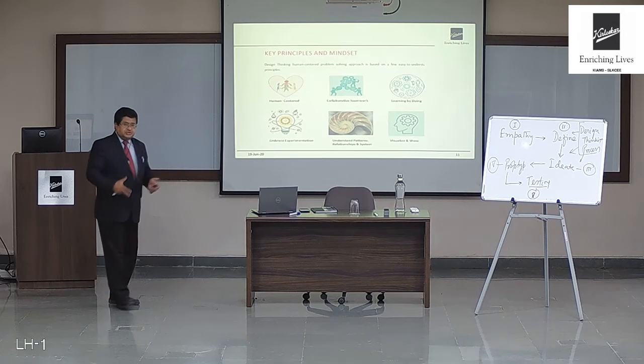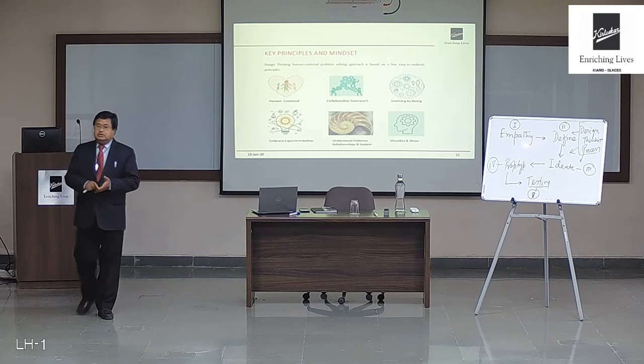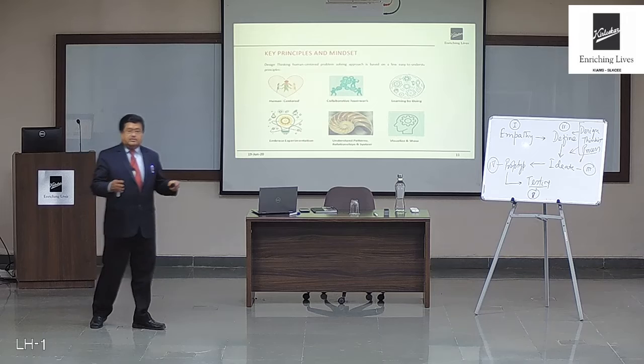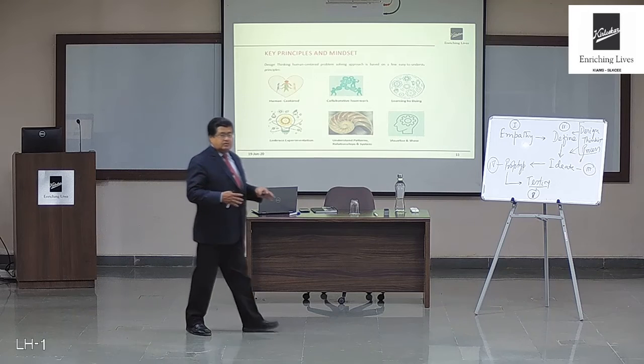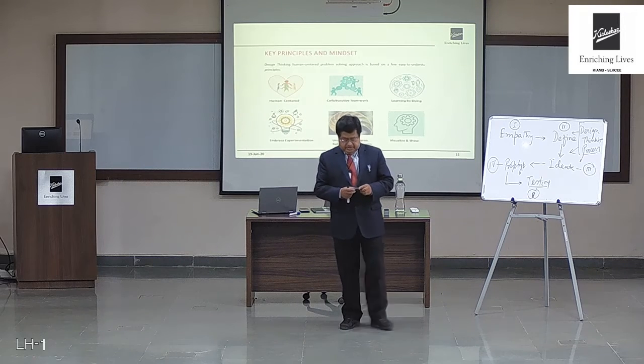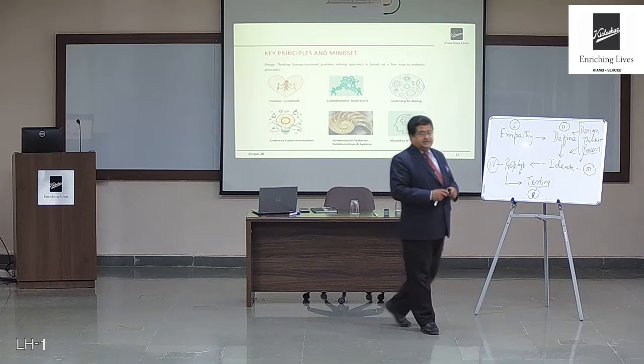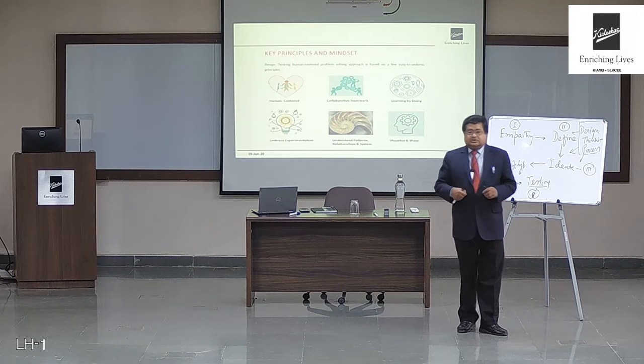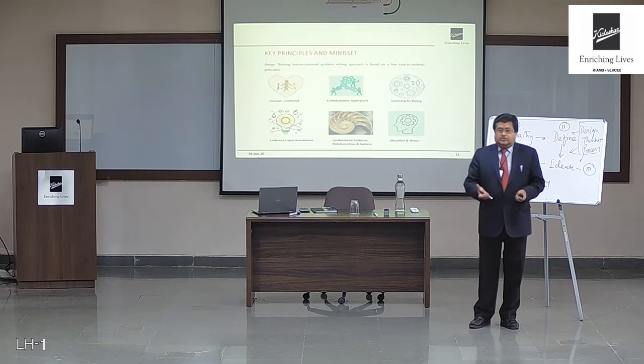Now, when you do this human centric approach, you need to form a collaborative way of addressing that problem. Now, what is collaborative way? Collaborative way means you should not take the problem and solve that.